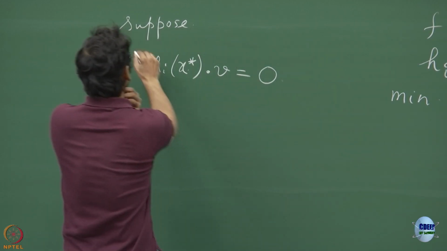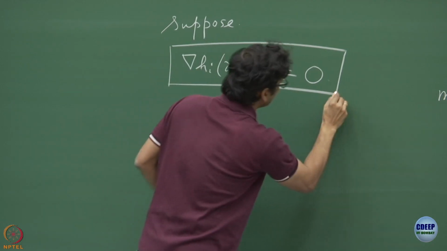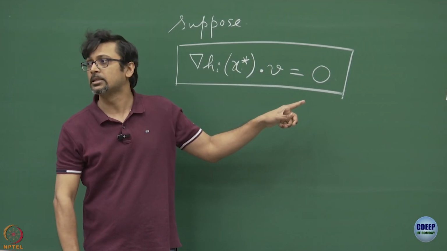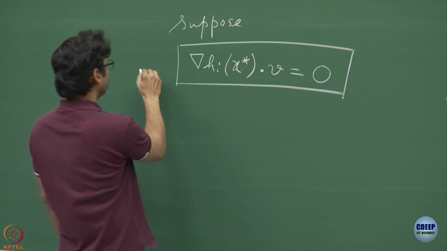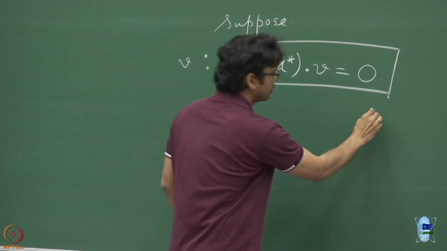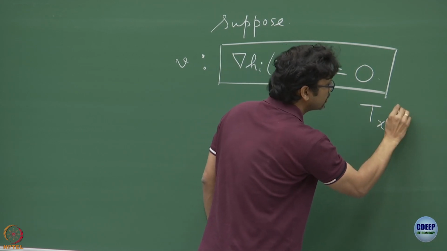We will run with this and say that this is actually a characterization of the tangent space. So V such that this holds actually gives you the tangent space.